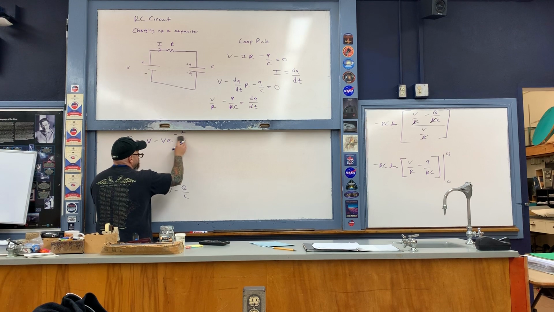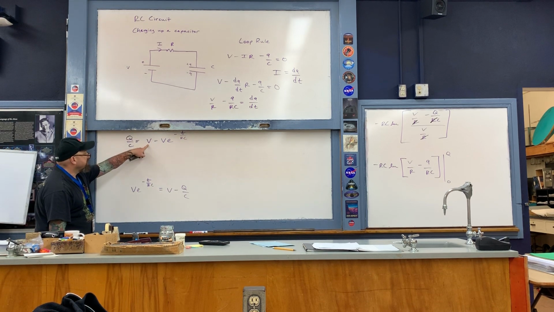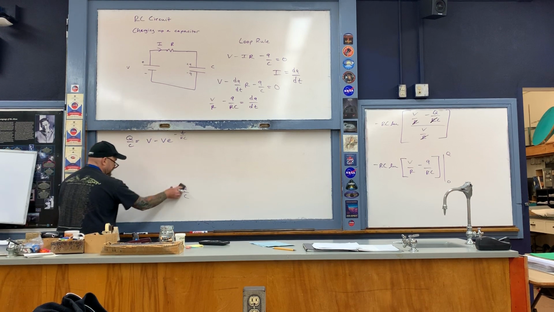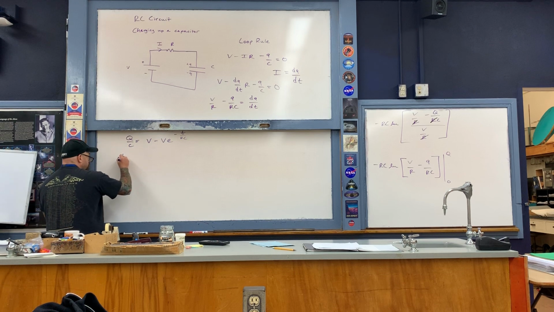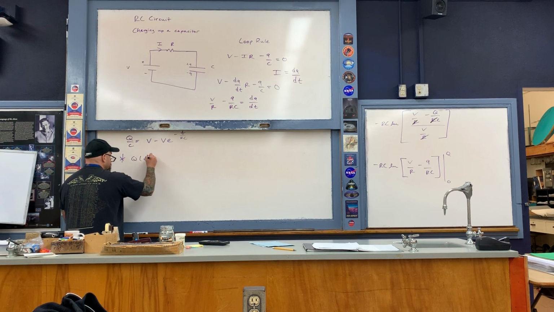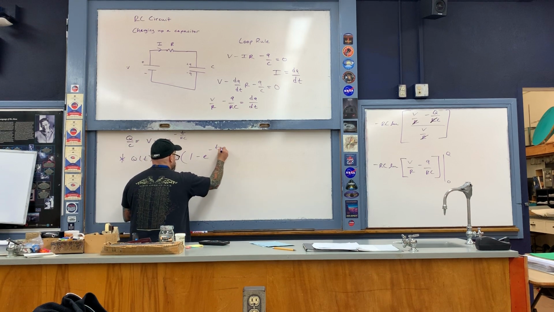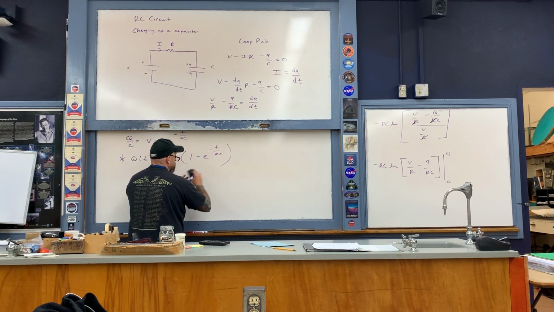T over RC. Clean that up a little bit, like so. Now I'll go ahead and factor out the voltage V of the battery from each term and cross multiply the capacitance to the other side of the expression. And when you do, you end up with the charge on the capacitor as a function of time as the following. Like so.